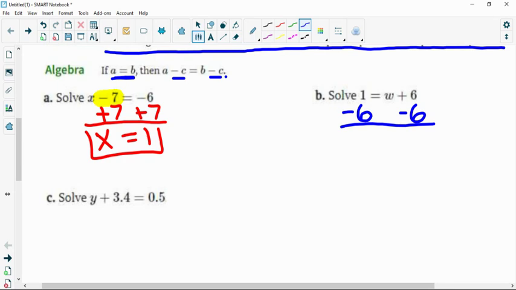Now on the right, this leaves me with w. If you have $1, but you owe your best friend $6, how much do you still owe them? You would still owe them 5. So -5 equals w is our new equation.